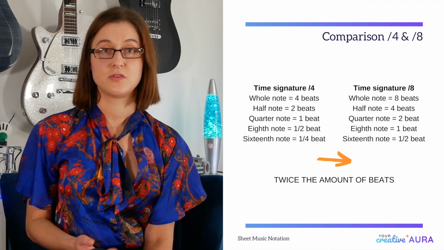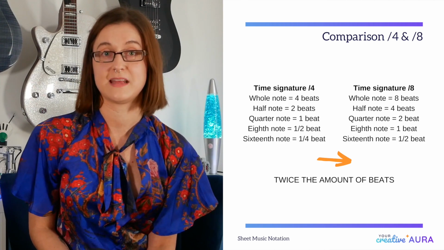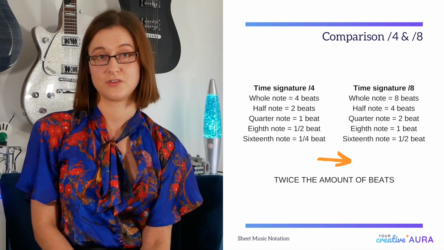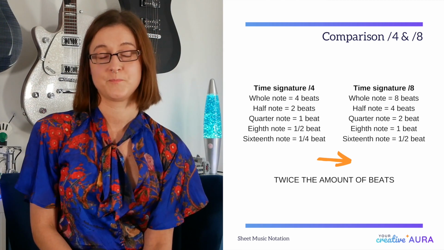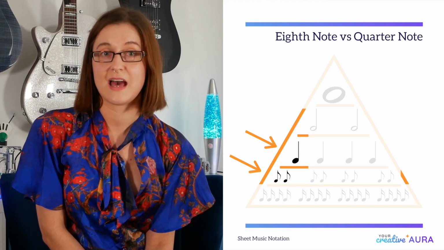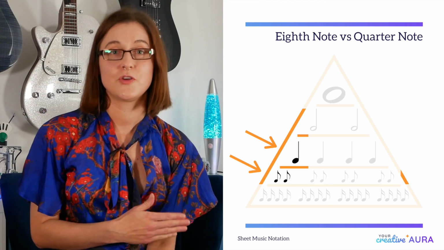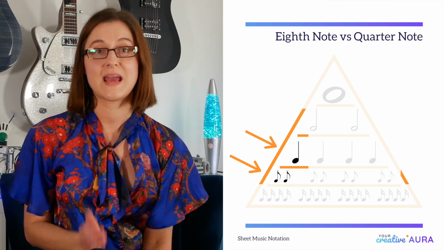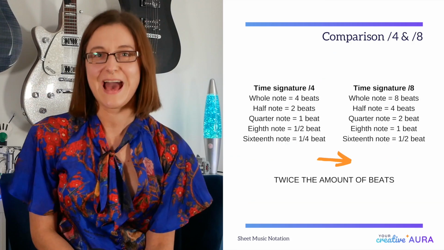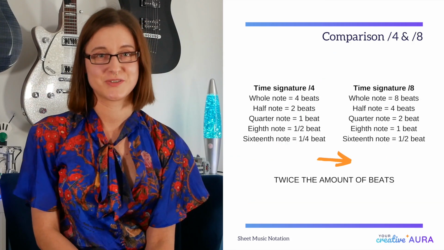So each note is worth double the number of beats in an eighth time signature compared to a quarter time signature. And this is because of the relationship between the quarter and the eighth note. 2 eighth notes will always make 1/4 note. Therefore, the count is twice as much.